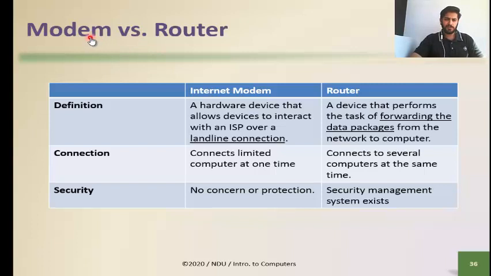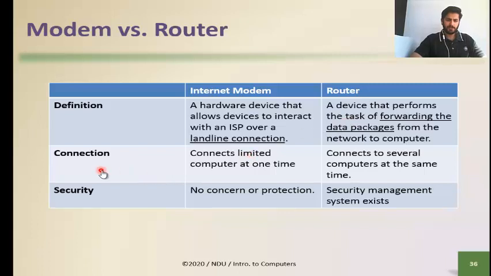The modem is just a device used for modulation and demodulation, and routers are used for forwarding data packets from one network to another. The modem is used with a landline connection, and the thing it can perform is A to D and D to A conversion. If I move to the router, it's used for forwarding data packets between different networks. So those are two different things.